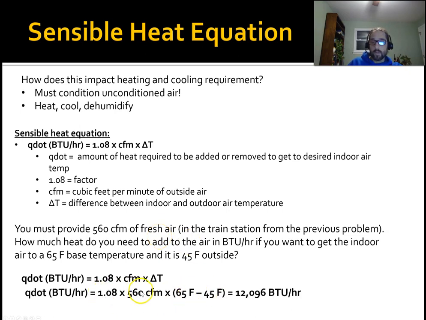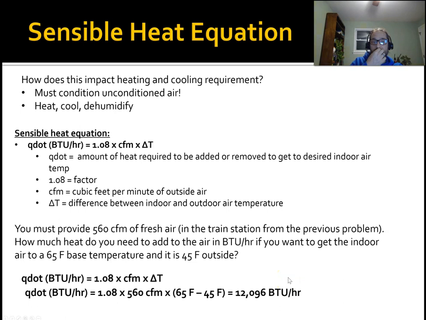So 1.08 times 560 CFM times that delta T. In order to warm this air from 45 degrees up to 65, assuming you're bringing in 560 CFM, cubic feet per minute, you're going to need to add 12,000 BTUs per hour of heat to that air.